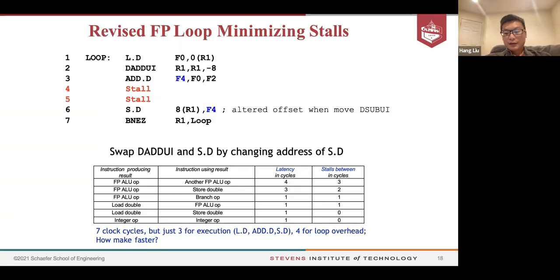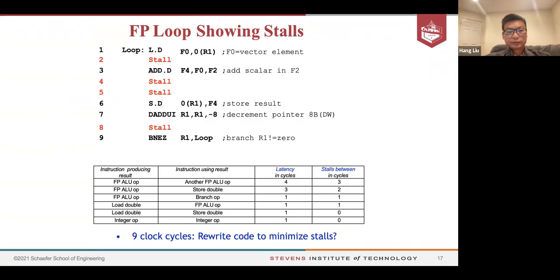So how could we improve the performance? We can see the subtraction of R1, computing instruction 7, does not depend upon any output.